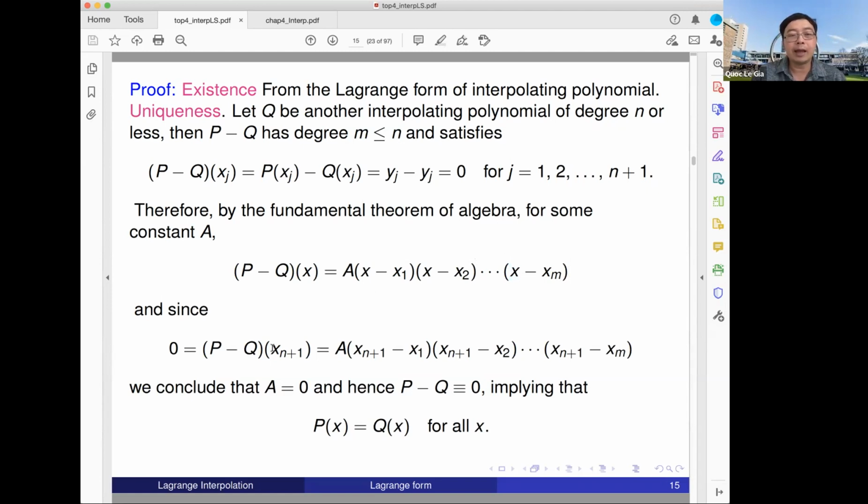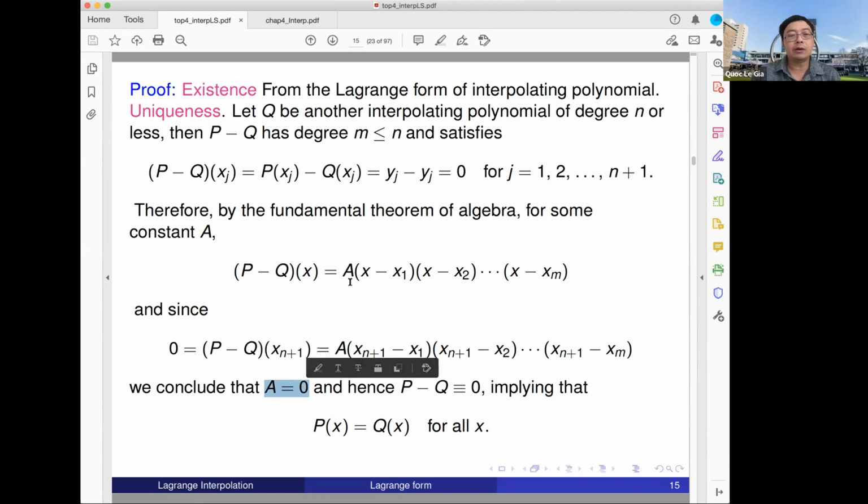But if you plug in xn plus 1, those linear terms are not 0, since we assume that all the roots are different. But we still have p(xn+1) minus q(xn+1) equals 0 by the interpolation condition. So the conclusion is the constant a has to be equal to 0.